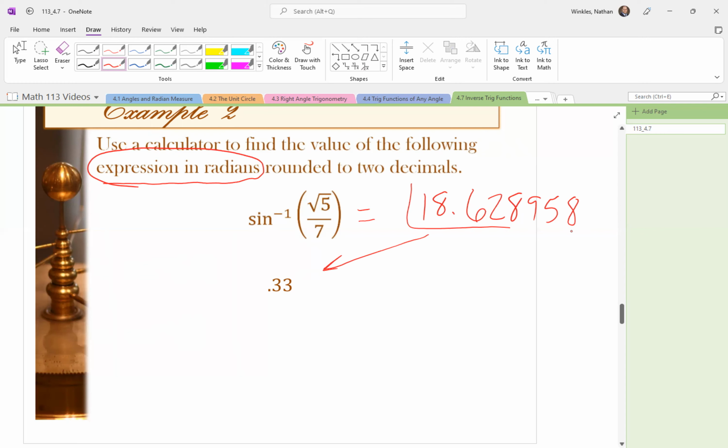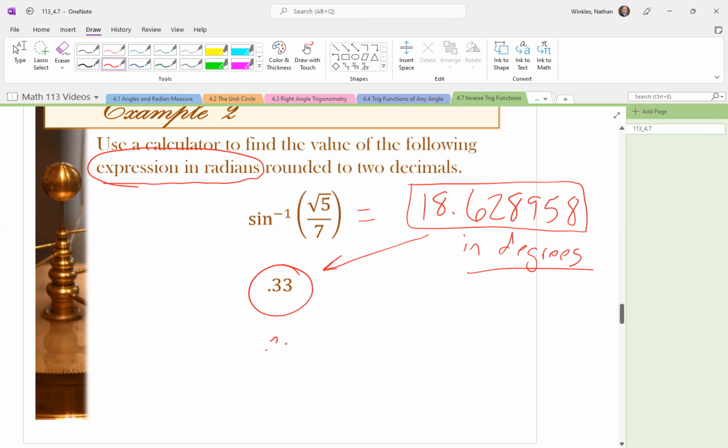This value here is in degrees. So keep in mind that our calculator needs to be in radians when we find this answer. And that's how we get the 0.33.